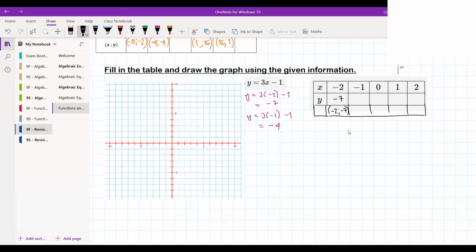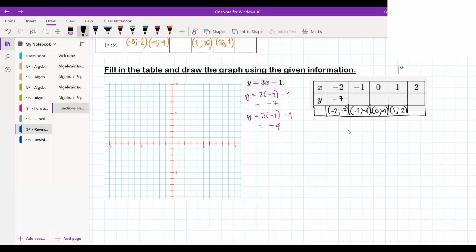So for the next coordinate, I'm going to get -1, -4, close brackets. If it's equal to 0, I'm going to get open brackets 0 and -1. If it's equal to 1, I'm going to get 3 times 1 is 3 minus 1. I'm going to get 1 semicolon 2.